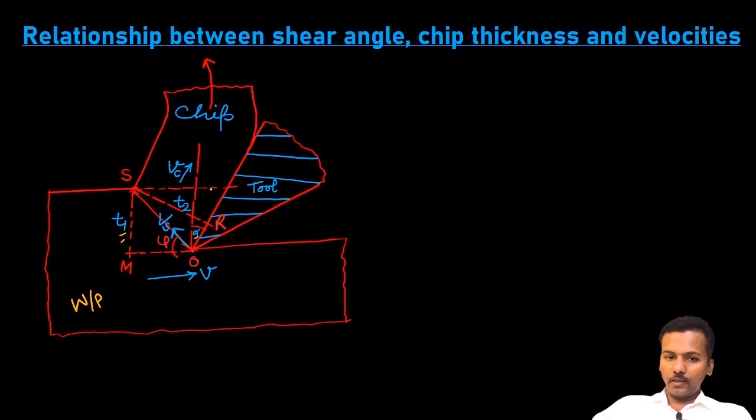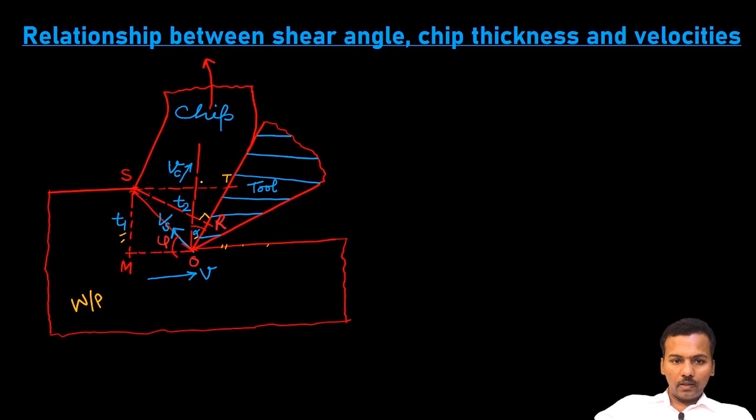So this ST is parallel to OM, a surface parallel to this surface. Now draw a perpendicular from S to the contact line between the chip and tool, creating a 90 degree angle.